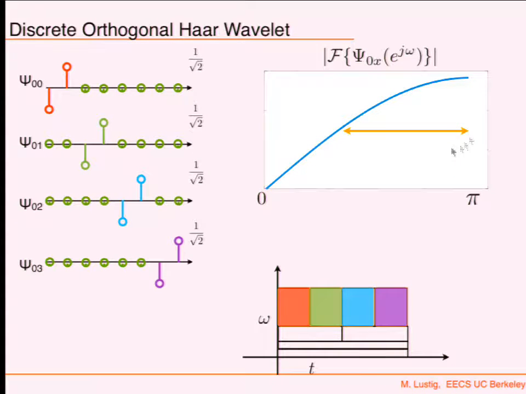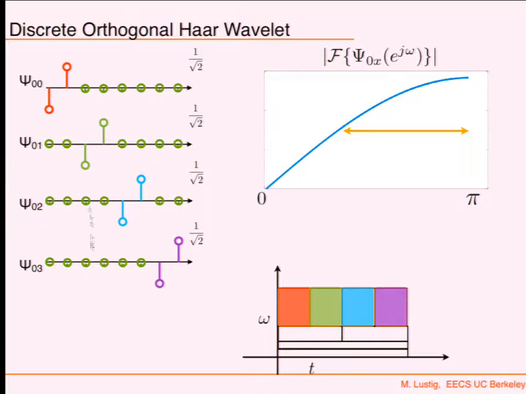So they're localized in high frequency. They cover almost half of the high frequencies, right? If you look at full width half max, it covers half of the spectrum. They're localized in space, only cover 2 samples, and they cover half of the frequency.